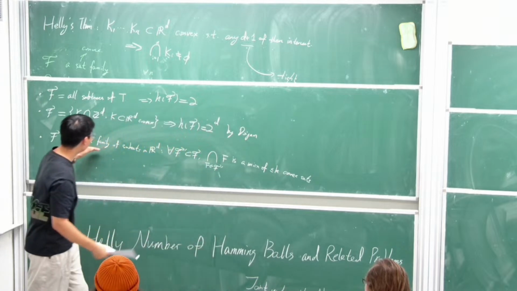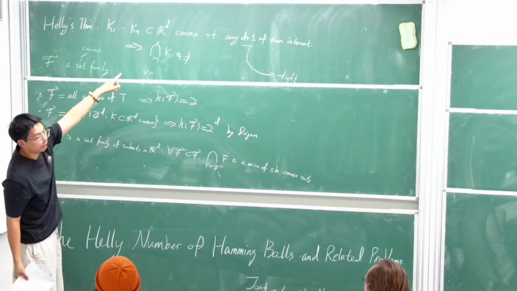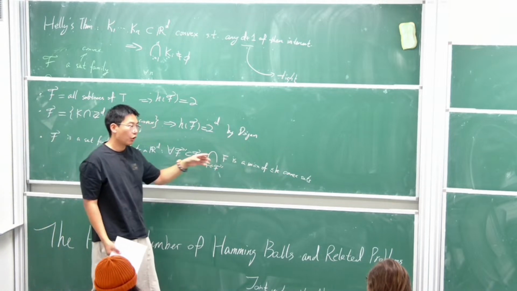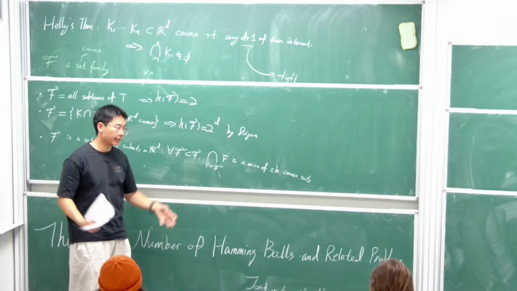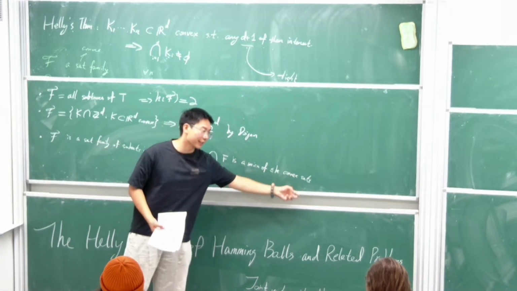So this is a bit long, but if you take F to be the set of all the convex sets, this satisfies the condition with K equal to 1, because however many convex sets you take, the intersection is always convex. So it's just a union of one convex set.